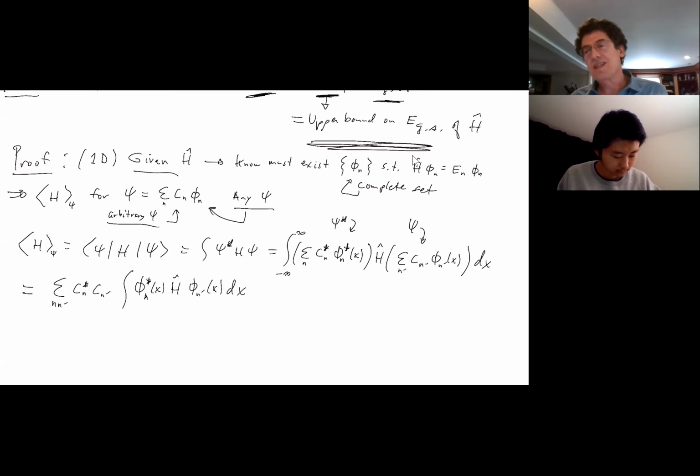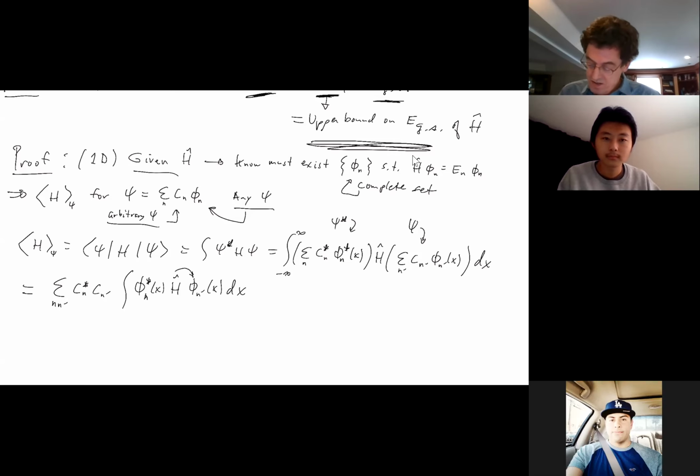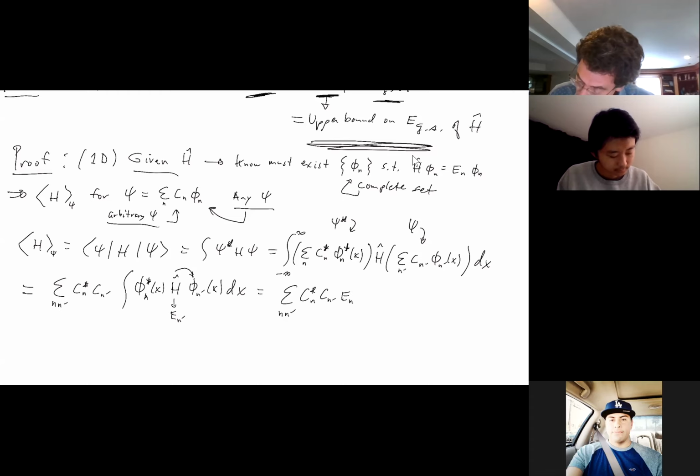But now the question is how to go further, which is not completely obvious, so let me ask you a question. What happens when H hits this state? What does H turn into? E n prime? Exactly. So this whole thing becomes simpler. It becomes the sum over n, n prime of c n star, c n prime, E n prime, and now the integral becomes simpler.